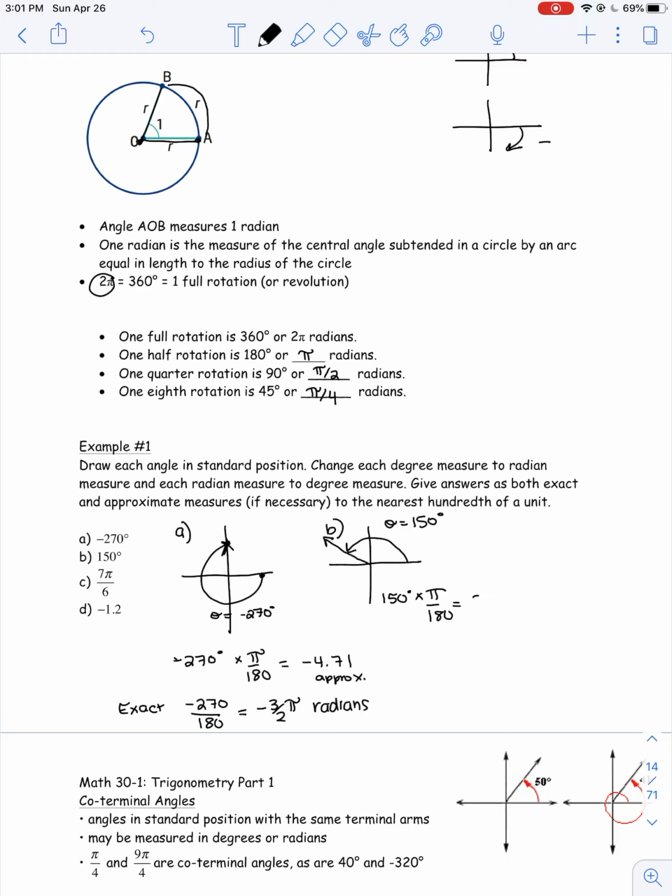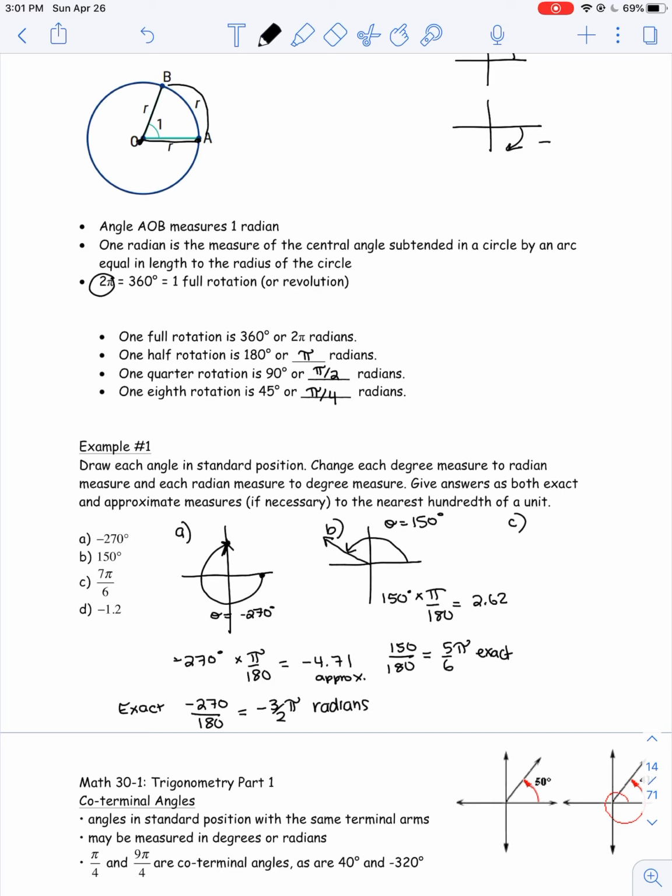You should be getting 2.62. That is the approximation. If you want exact, you go 150 divided by 180, change it to a fraction, which is 5 over 6, and then multiply the pi in, and that would be an exact answer. The second you multiply pi in there, it's not going to be exact, so it's going to change our actual answer. In this case, we're showing both.